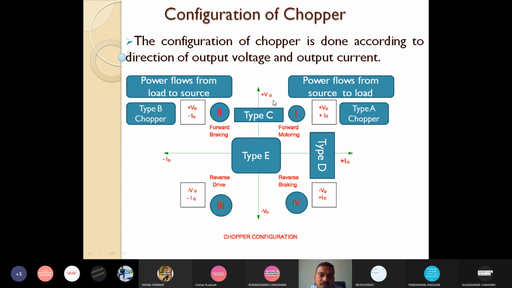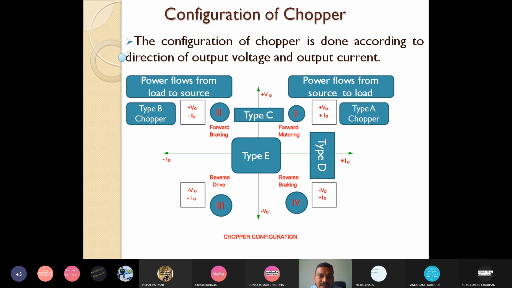The output voltage remains constant, it will not change, it will remain positive, but the output current will change from negative to positive and positive to negative according to the switching of the chopper.